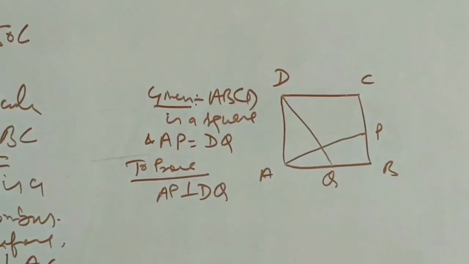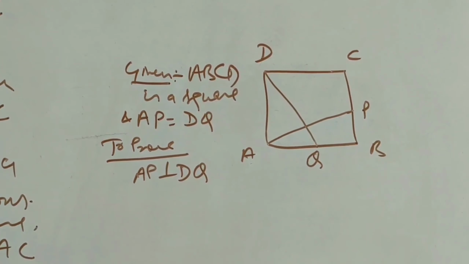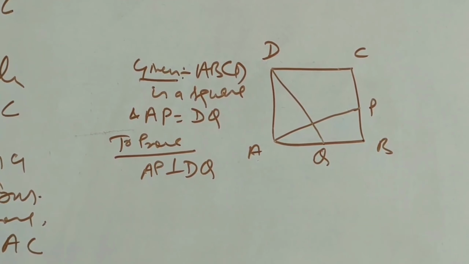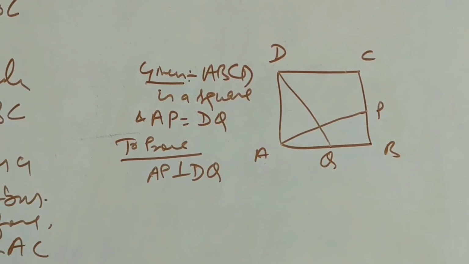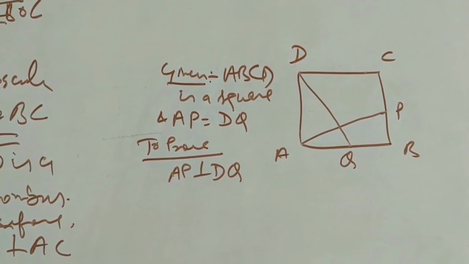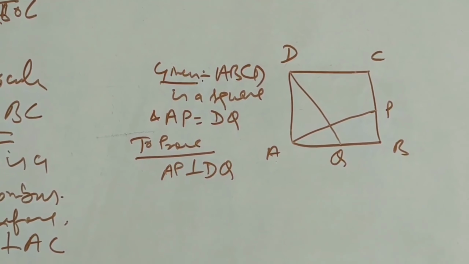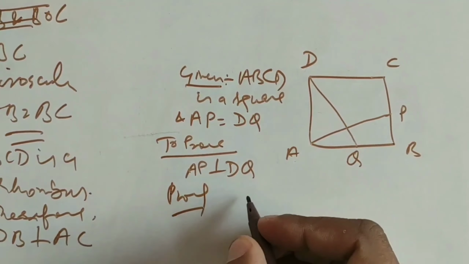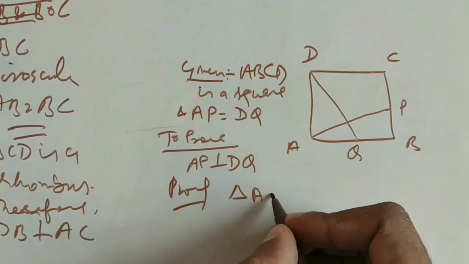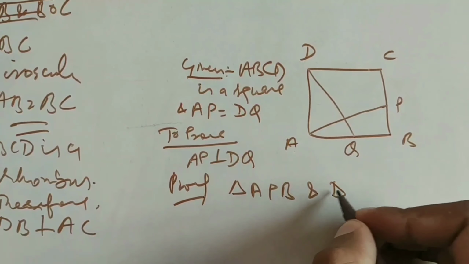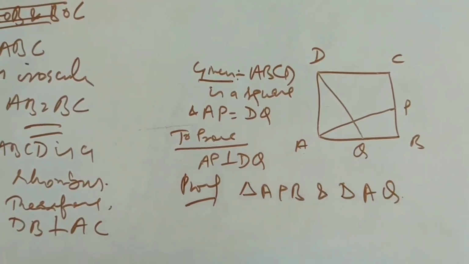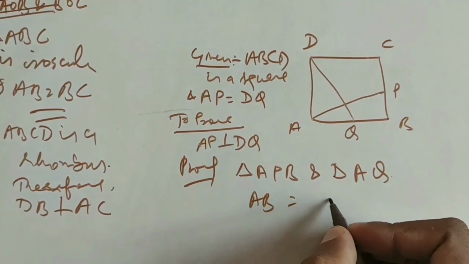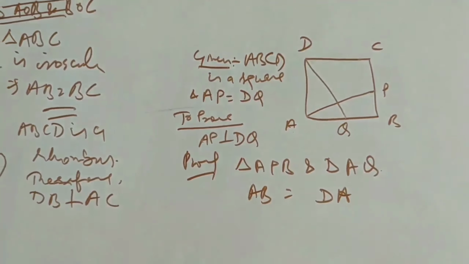In question number 2, we have ABCD is a square and AP equal to DQ. We need to prove that AP and DQ are perpendicular to each other. Okay, so for that consider triangle APB and DAQ. There is a side AB which is equal to DA of this triangle.